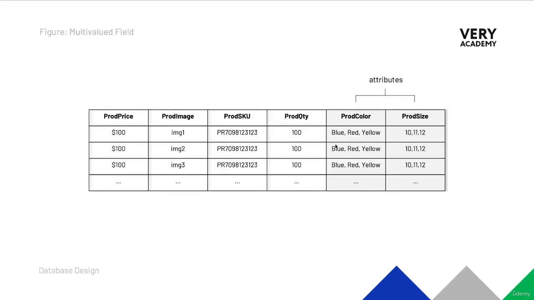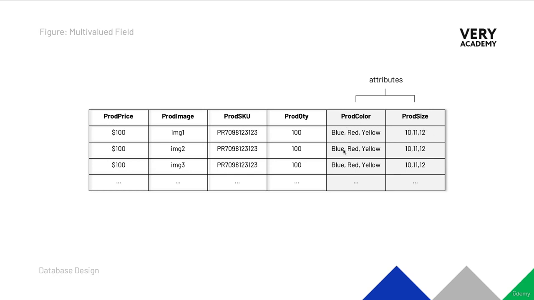So although this isn't necessarily entered correctly, this is really just to demonstrate the point. What we have now in our product line table are these two multi-value fields here, the product color and product size. Now, if we were to summarize, these are essentially attributes. So have we just found a new subject that we need to store information about?